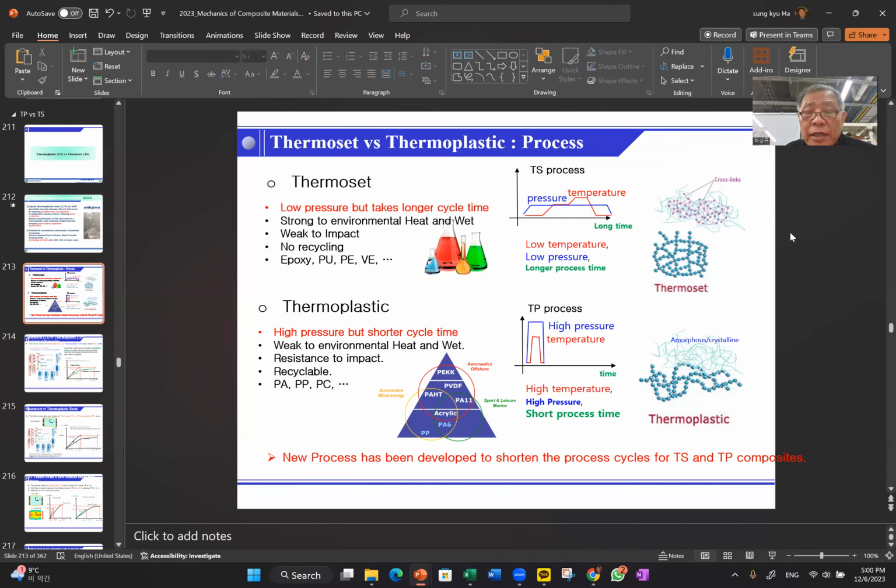I'd like to emphasize that, for either thermoset and thermoplastic, for chemical reaction, we always need pressure and temperature.